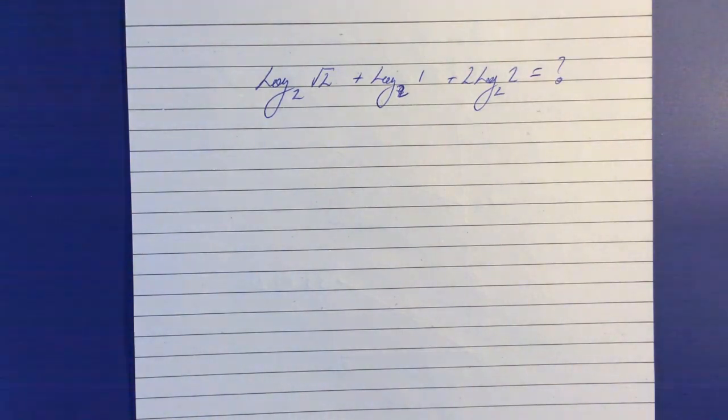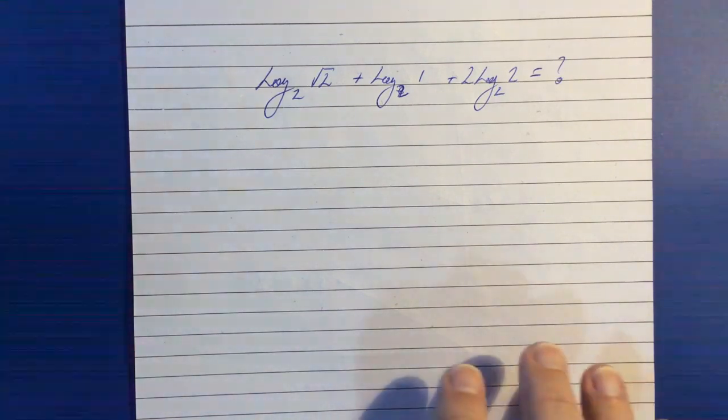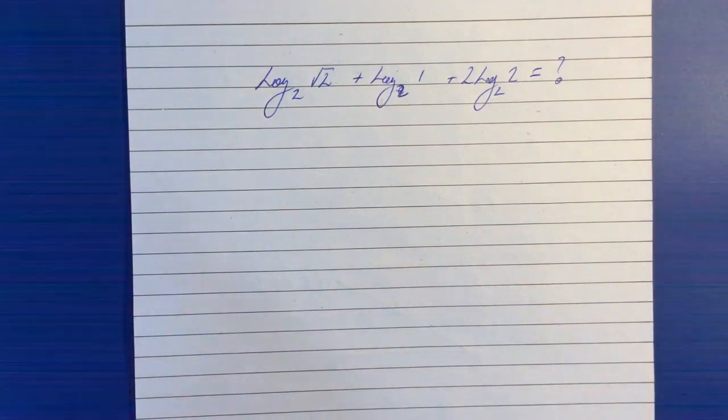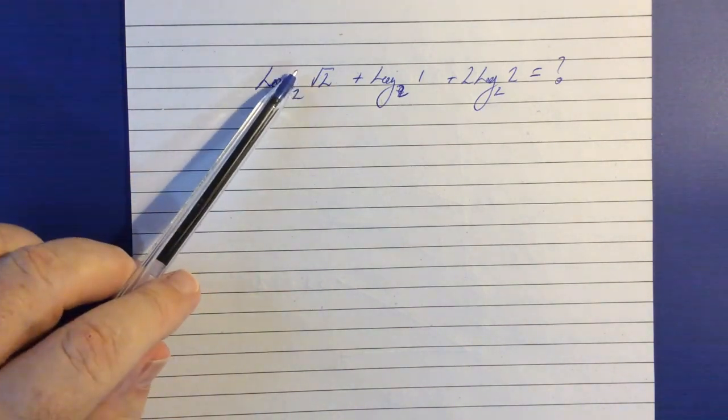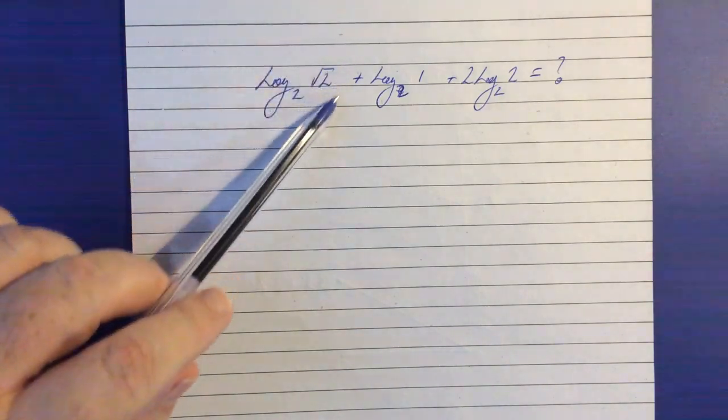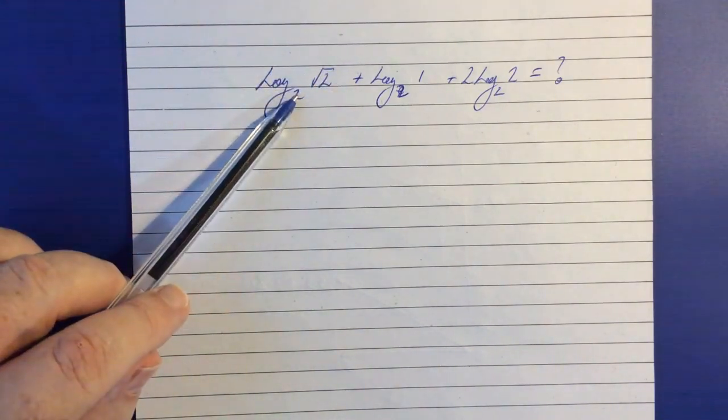Well, that's going to take a tiny bit of sorting out, and I think the best way to approach this is in a very systematic manner, which is to work out what each of these things is equal to. I should confess at the start that this is a problem a student of mine asked me to take a look at because she was slightly unsure of what to do, and on further discussion we narrowed the problem down to this.